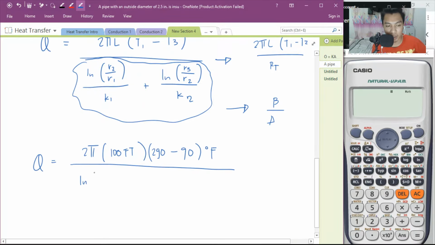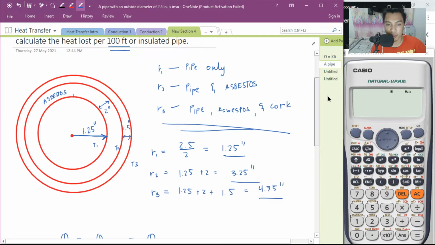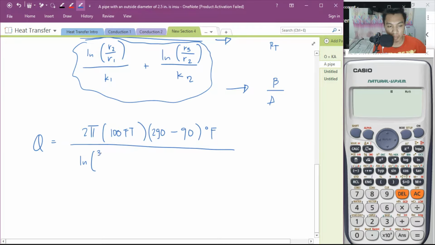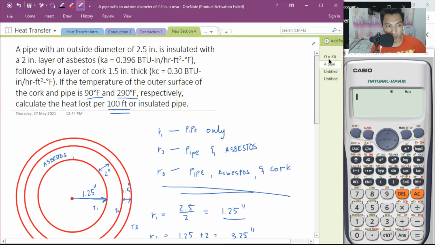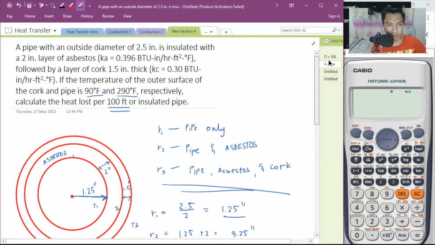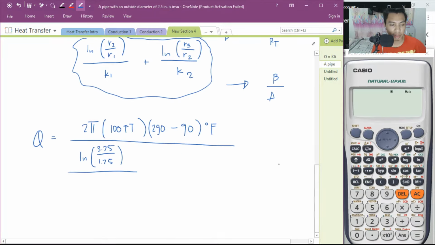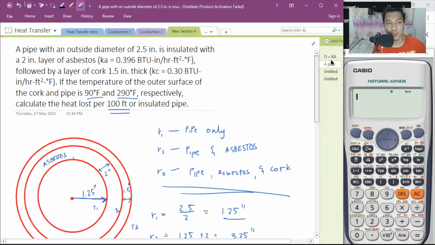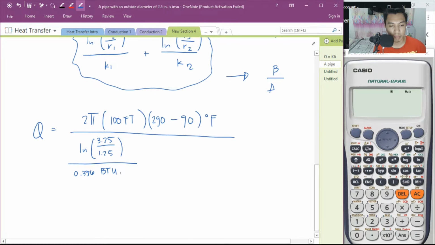So, Ln ni R2. Ano ba yung R2 natin? That is 3.25 over 1.25 divided by K. What is K? Ayun, 0.396 BTU inch per hour feet squared degree Fahrenheit.